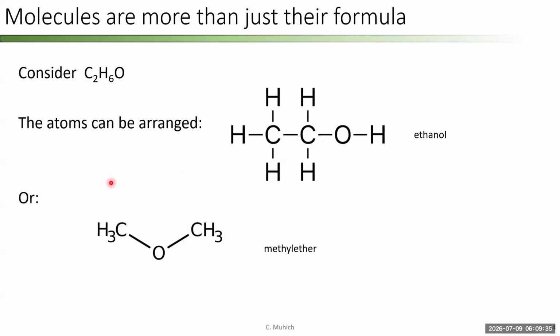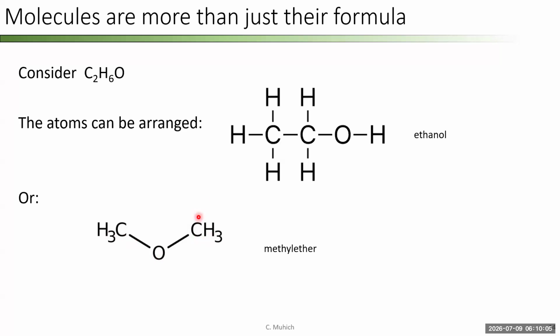This is going to behave very differently than this structure, dimethyl ether, which is shown at the bottom. Just like this structure at the top, there's two carbons and six hydrogens and one oxygen. But the oxygen is bonded to these two carbons rather than to one carbon and one hydrogen like it was in ethanol.